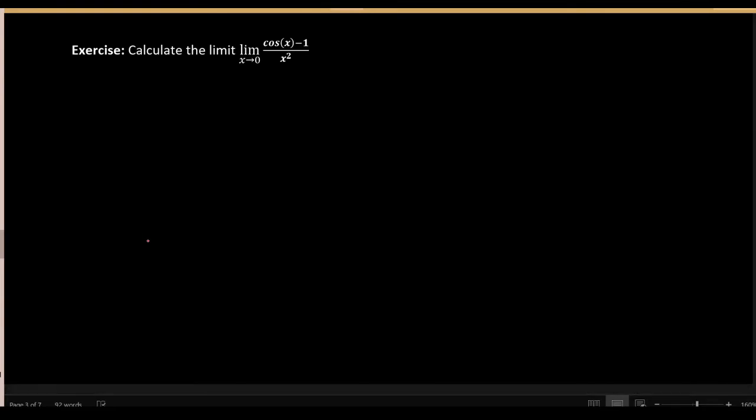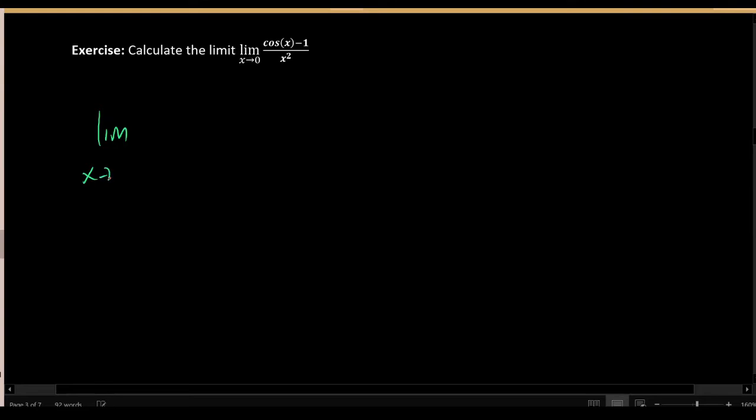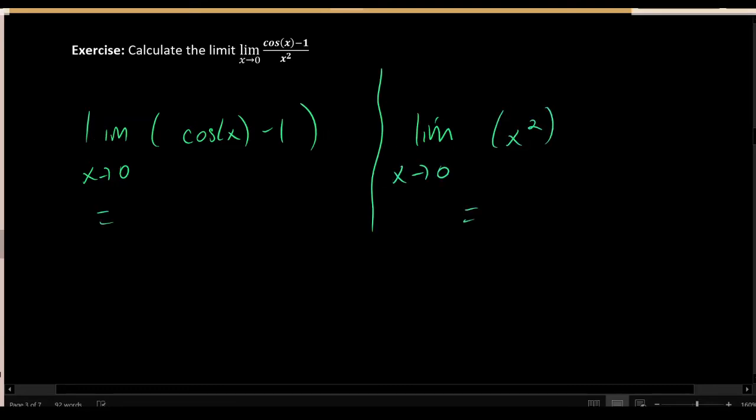See another example of L'Hopital's rule in this exercise. In this case, we're looking at the limit as x approaches 0 of cosine of x minus 1 all over x squared. Now both of these functions are continuous at x equals 0, so we can find these individual limits just by plugging 0 into the individual functions.